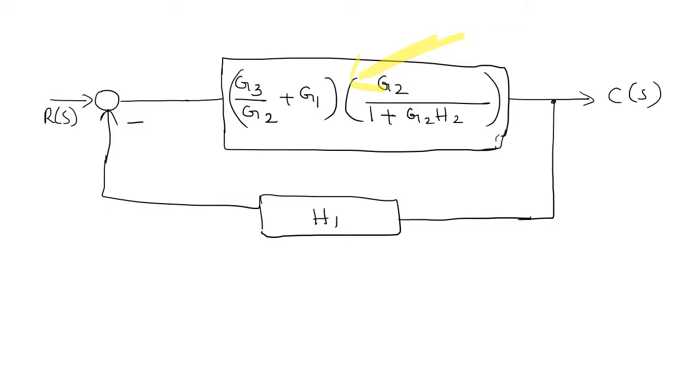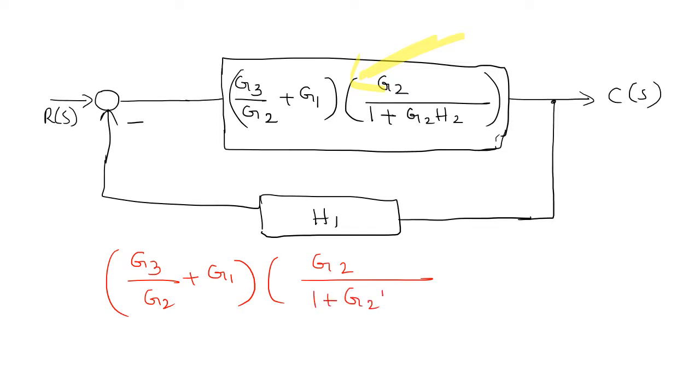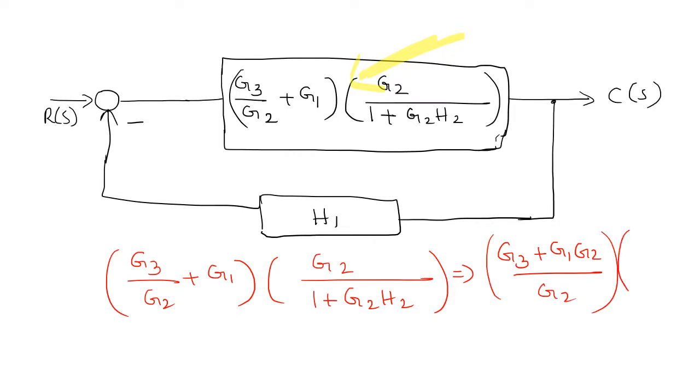That is G3 by G2 plus G1 into G2 by 1 plus G2 H2. How can we write this? We can write this as G3 plus G1 G2 divided by G2, this into G2 divided by 1 plus G2 H2.